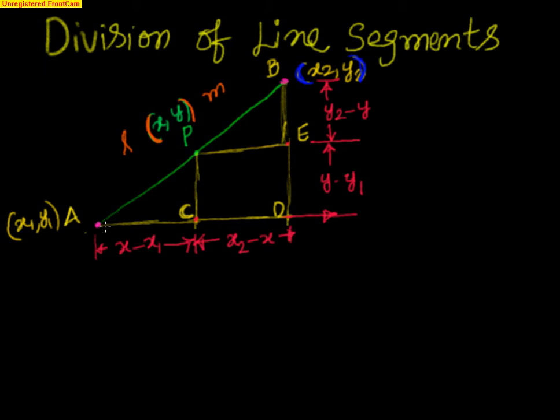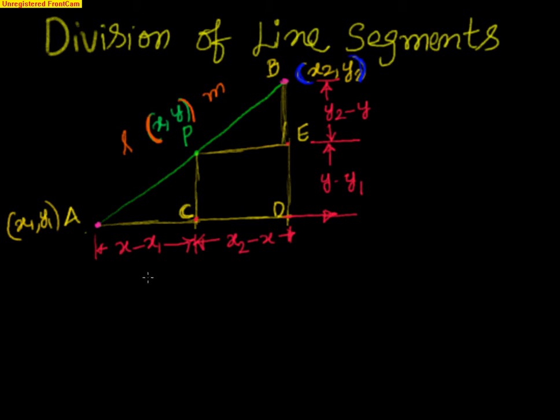We found the horizontal and vertical distance of each point. For AP, the horizontal distance is x minus x1, vertical distance is y minus y1. Between P and B, the horizontal distance PE is x2 minus x, and the vertical distance BE is y2 minus y.